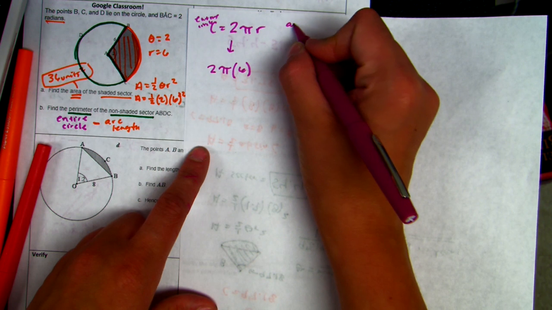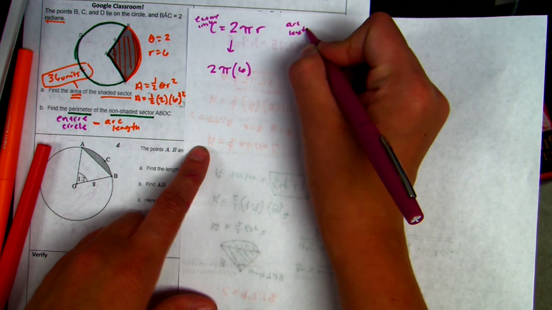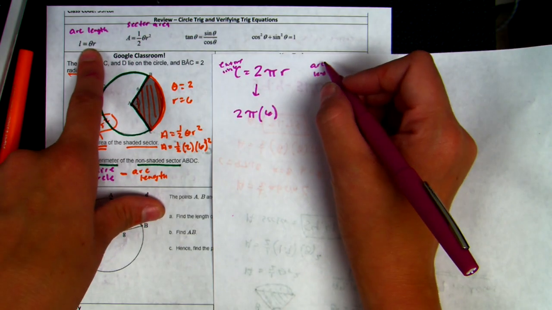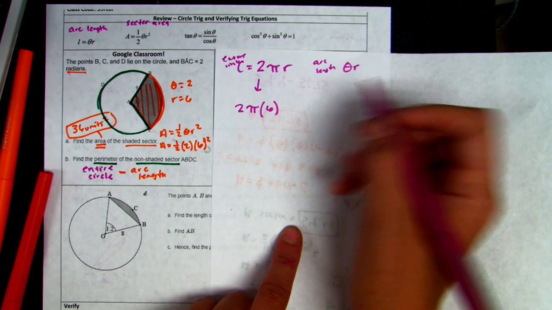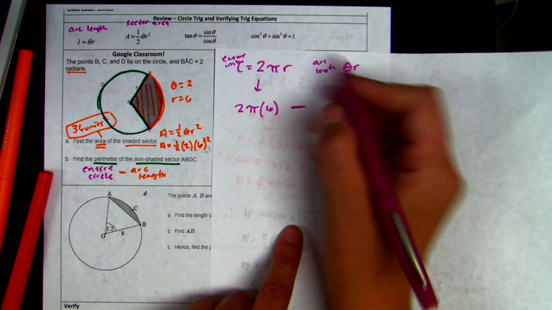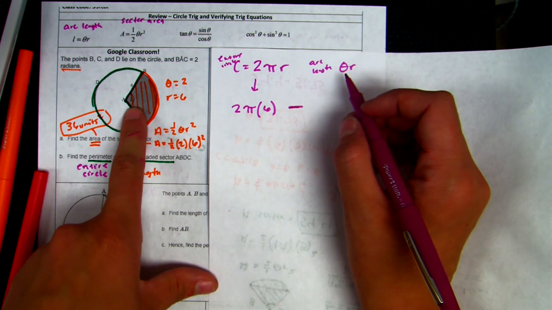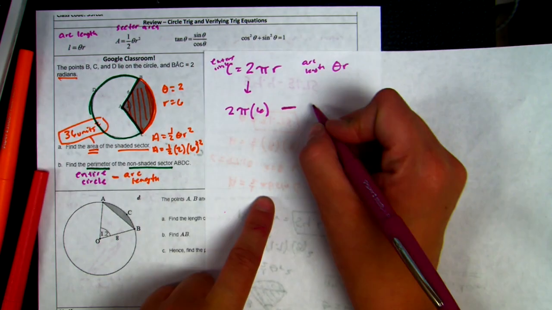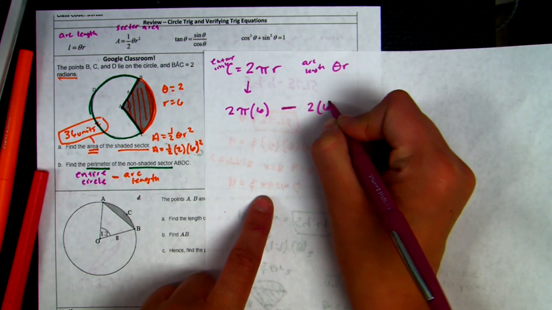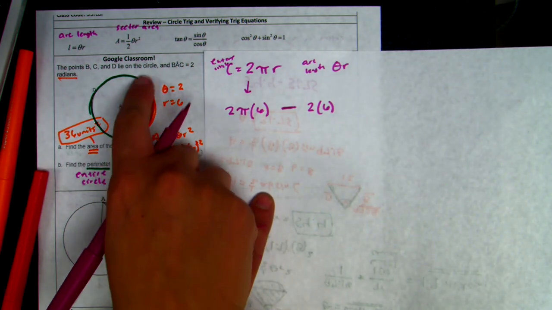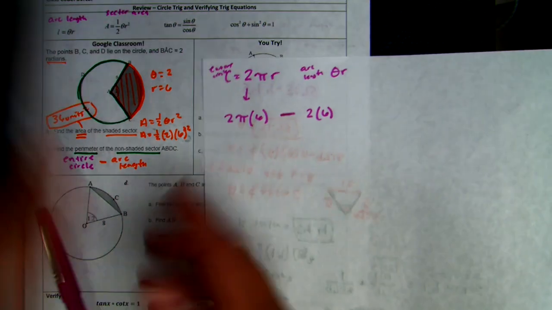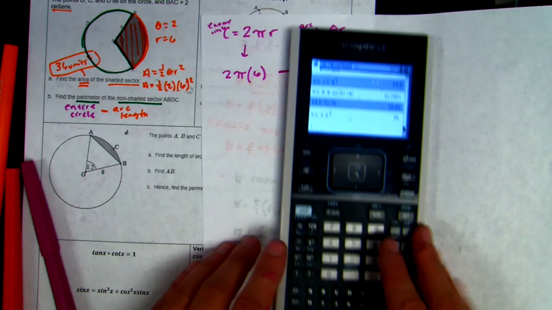My arc length is equal to theta r. So I'm going to subtract these from each other. Theta r, theta is my interior angle, r is my radius, so minus 2 times 6. My interior angle times my radius. I'm going to pop that into my calculator and see what I get.